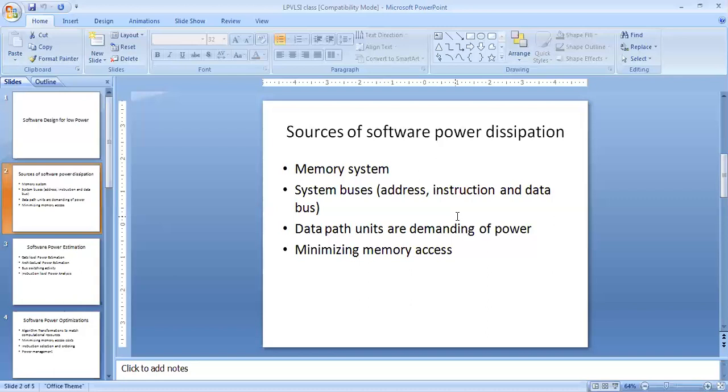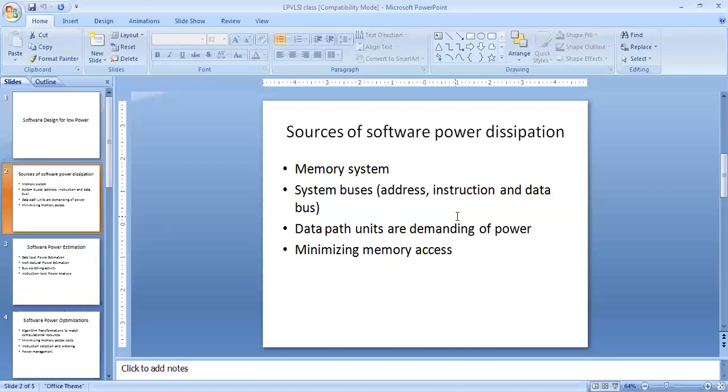The fourth one is minimizing memory access. You have to minimize the memory access. You should not keep on accessing the memory. Accessing the memory means doing read and write operations. Unnecessarily, you should not retrieve the data, and unnecessarily, you should not write the data. Memory accesses are expensive for several reasons. First, reading or writing a memory location involves switching on highly capacitive data and address lines going to the memory, row and column decode logic, and word and data lines within the memory that have a high fan-out.